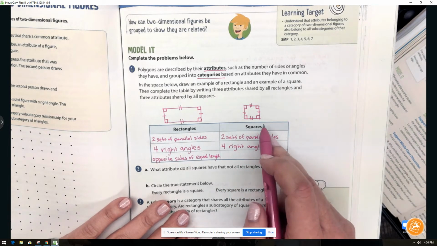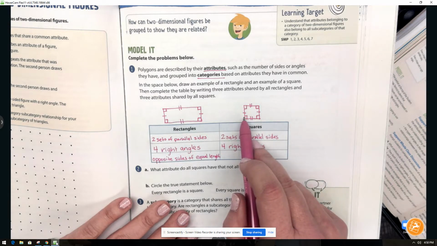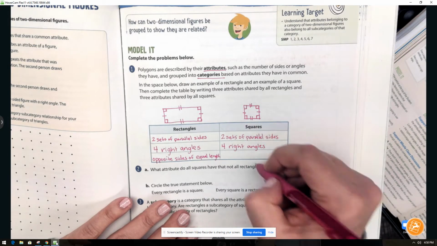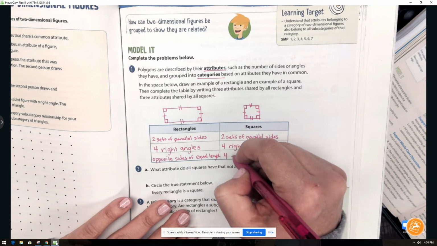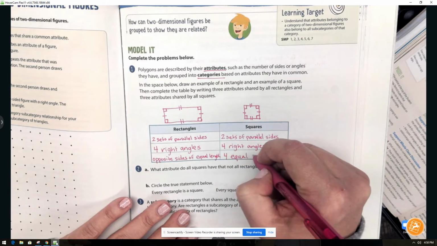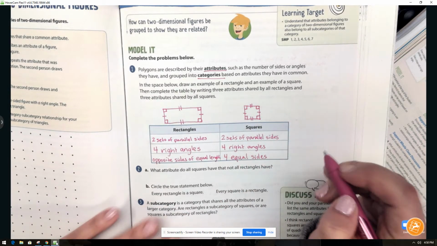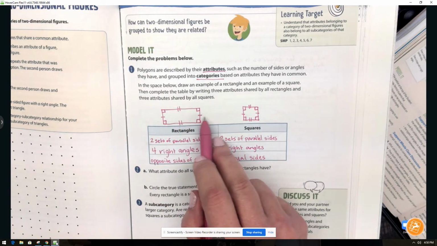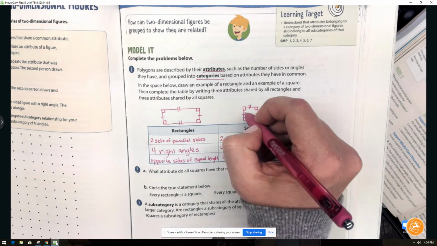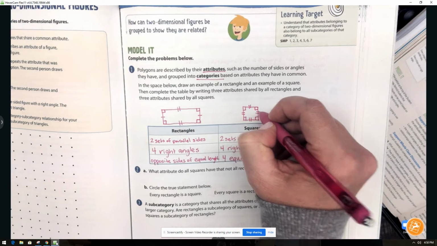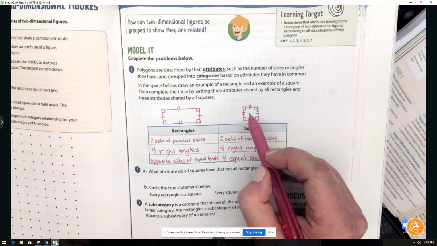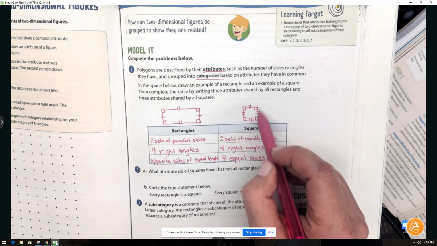And then finally, I notice that when I look all the way around, there are 4 equal sides. So when I drew my parallel marks to show that these two lines were parallel and these two lines were parallel, I should show it here too, because that's showing you that all four of those sides are equal. They're all of equal length.